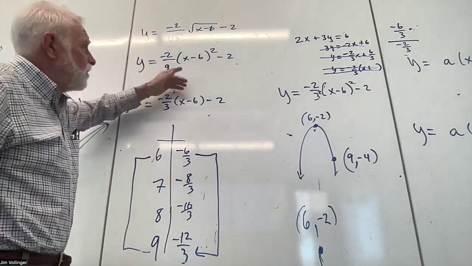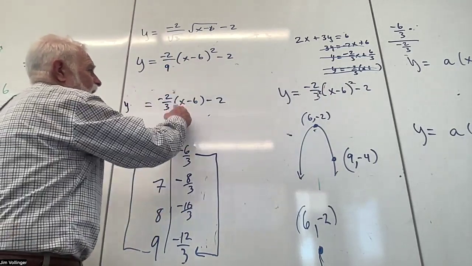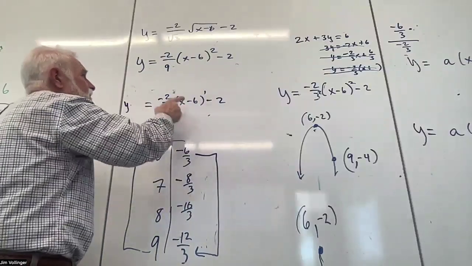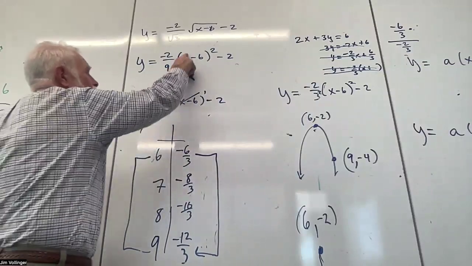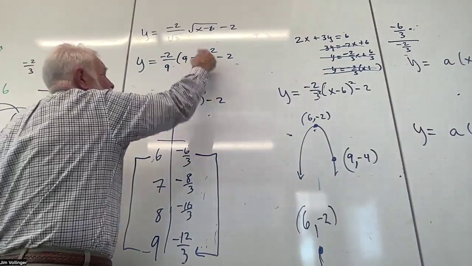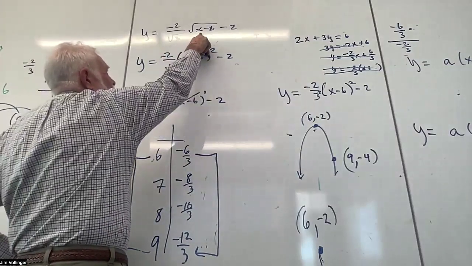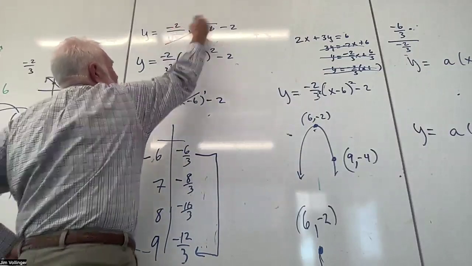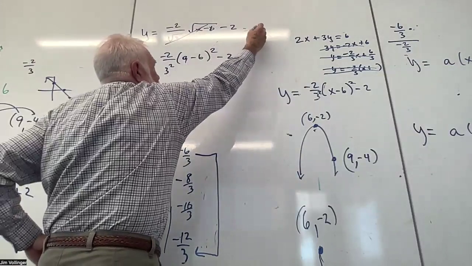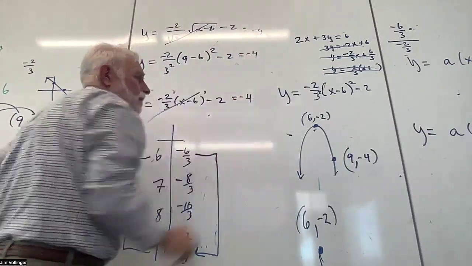Very similar here, because the only thing is operational change. When I drop a 9 here, I get 3 operationally. That's what I have to cancel. When I put a 9 in here, I get 9 - 6, 3 squared. That's what I have to cancel. When I put a 9 in here, I get the square root of 3. That's what I have to cancel in order to get to -4.